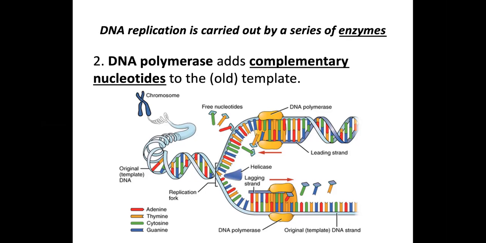And now we have polymerase, specifically DNA polymerase, because we are going to see an RNA polymerase. DNA polymerase adds your complementary strands. So if we had, for example, AGCT, and we had to make a complementary strand, what am I going to put here? TCGA. Perfect. Polymerase is what is adding that complement.